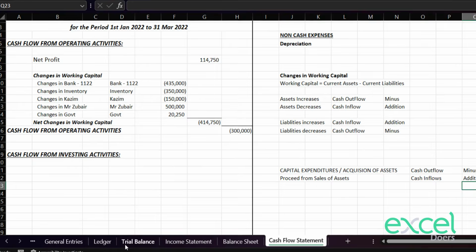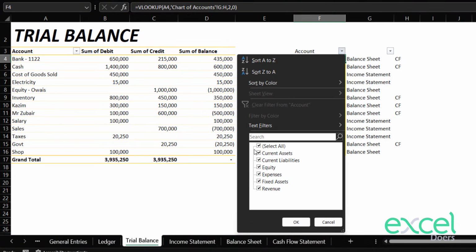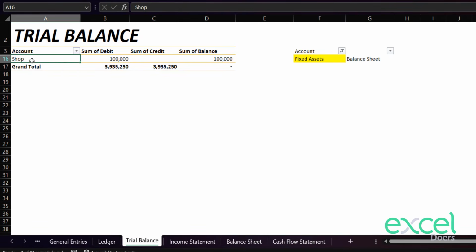So if I go into my trial balance again, look into my fixed assets account only. If I go and see what are my fixed assets, I have only one fixed asset, which is a shop. I have purchased a shop for 100,000, right? The opening balance is again zero. Again we have to see the changes.